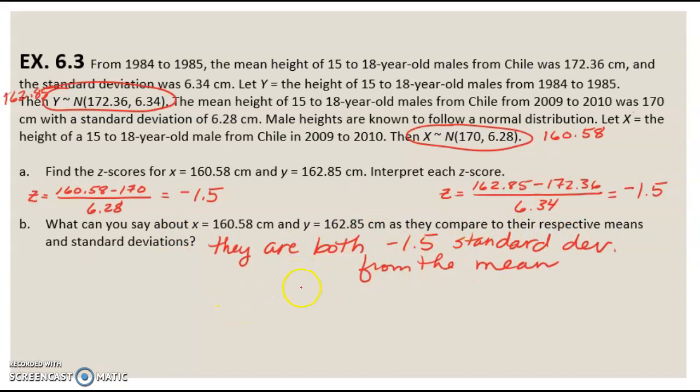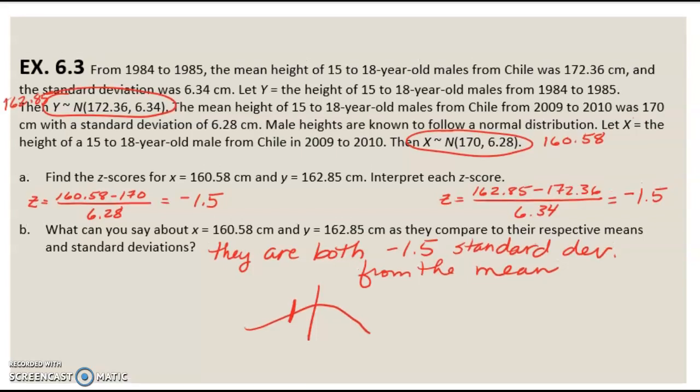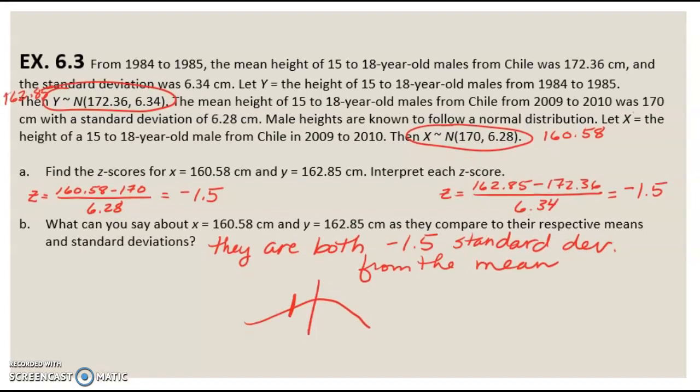Okay, so they're on the left. And it means really that, relatively, they're the same. Nobody has really changed much in the 30 years.